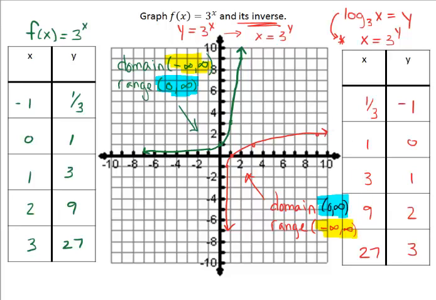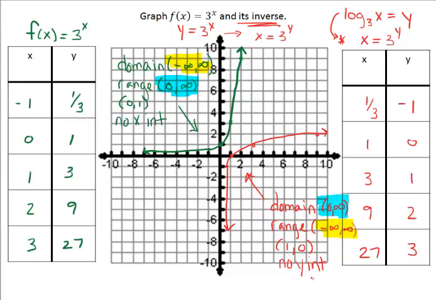That will always be true, and it's true because the log function and the exponential function are inverses, and so we switch our x and y values. A couple extra things to point out. We know our y-intercept for our first function is (0, 1). Now our x-intercept for the red function is (1, 0). We know that we never have an x-intercept for our initial function, and now for our log function, we won't have a y-intercept.